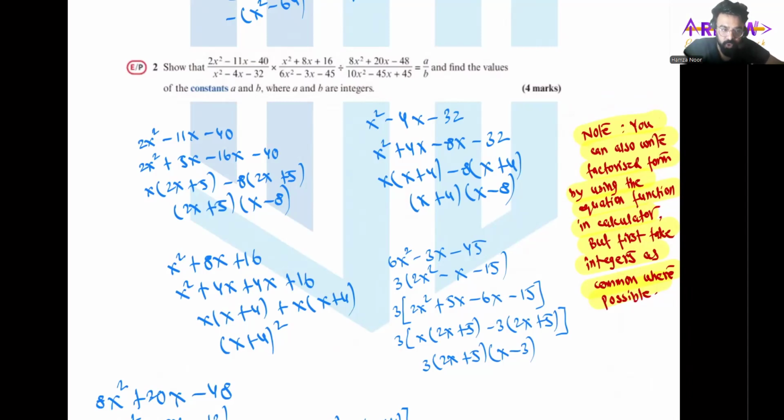Whatever integer can be taken as common, first you take out and then you use your calculator equation function and solve the polynomial with the degree of 2, in the form of ax square plus bx plus c. And then you will find the roots. And once you find the roots of that quadratic equation, you are going to write the factorized form.